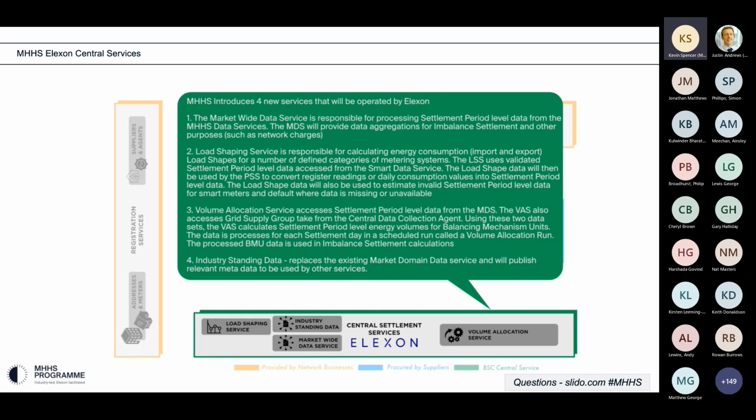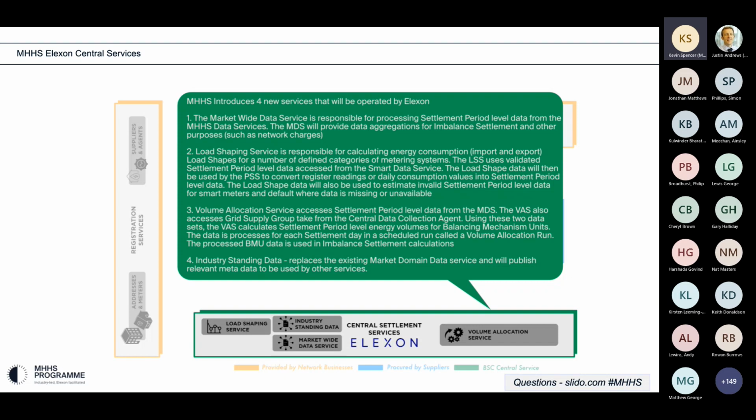And once it has done so, it will difference that from the volumes that we know are going into the different distribution regions, which are calculated by a separate settlement agent called the Central Data Collection Agent. And they produce a view called the GSP group take. And so once the volume allocation service has added up all those volumes, it will difference it from the GSP group take, and there will be a difference in each settlement period.